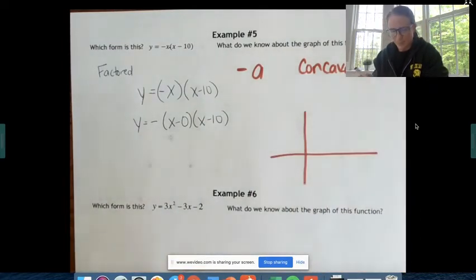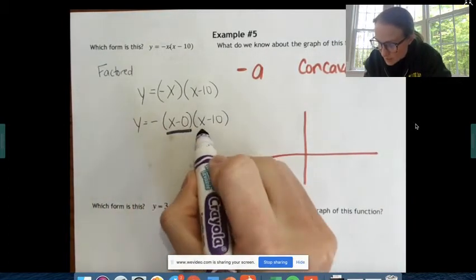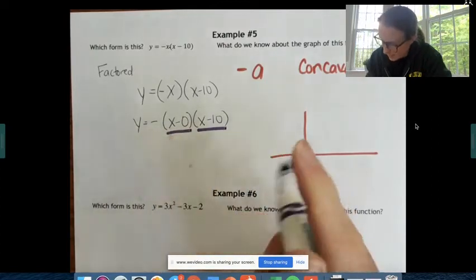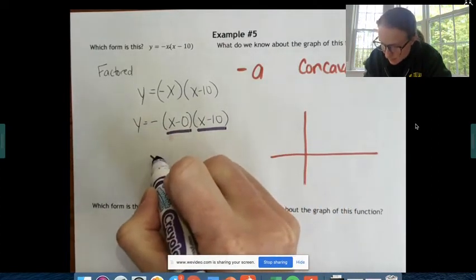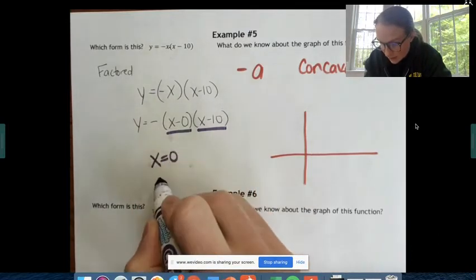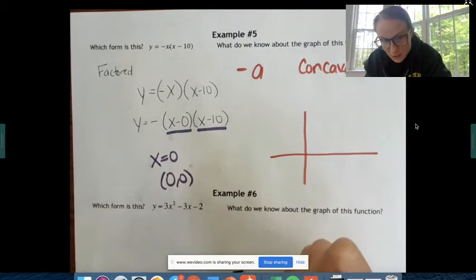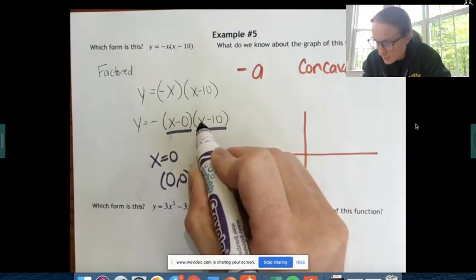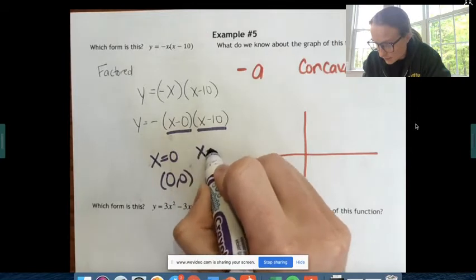And then we also know that factored form shows us our x-intercepts from each of these. So what value will make this 0? X equals 0 is going to turn this into 0. So one x-intercept is 0, 0. And what's going to turn this into 0? Well, 10 minus 10 gives you 0.